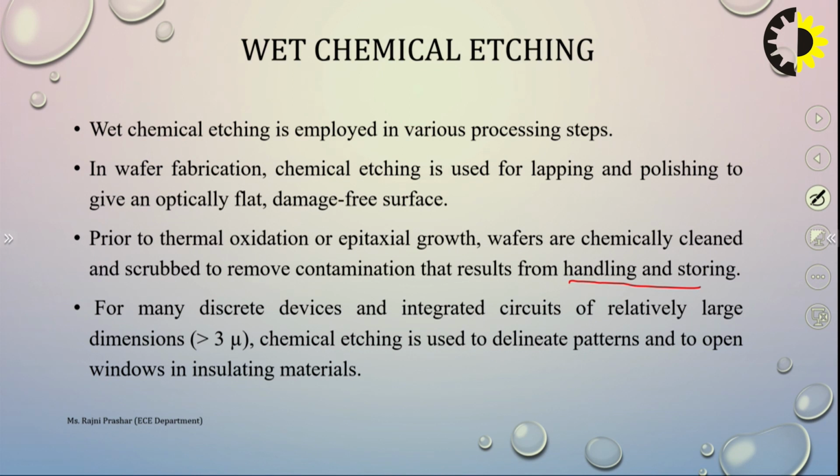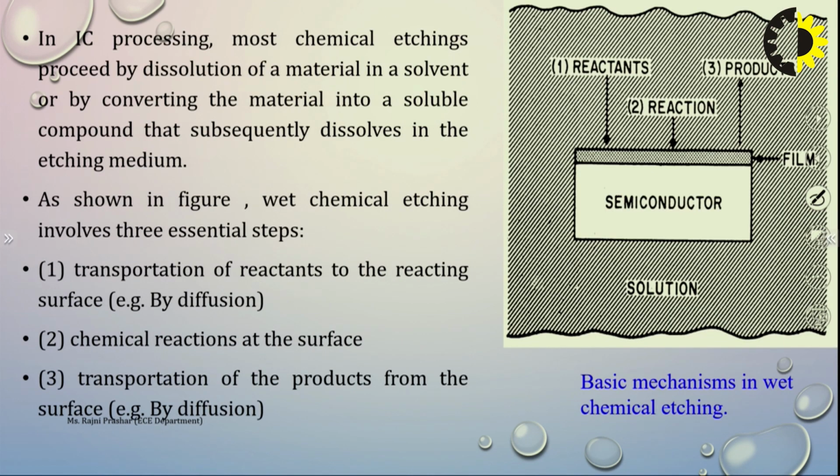For many discrete devices and integrated circuits of relatively large dimension, that is greater than 3 micrometers, chemical etching is used to define the patterns and the windows in the insulating material. In this diagram, we can see that etching is a 3-step process. The first one is the transport of material.